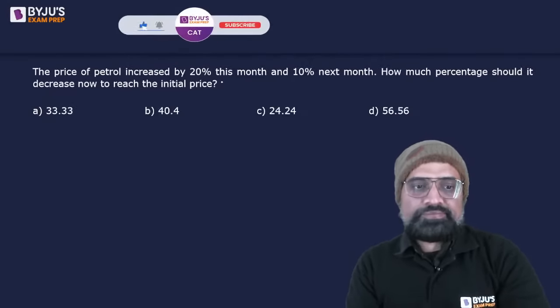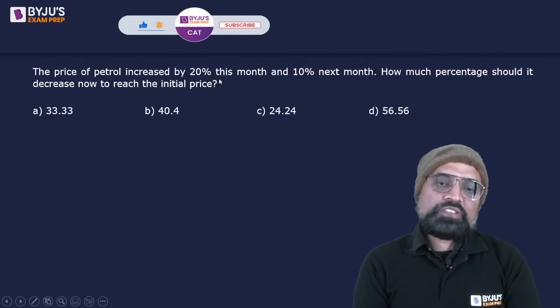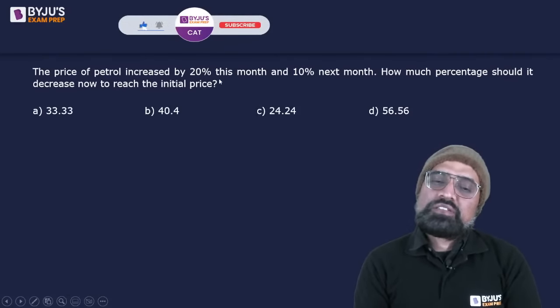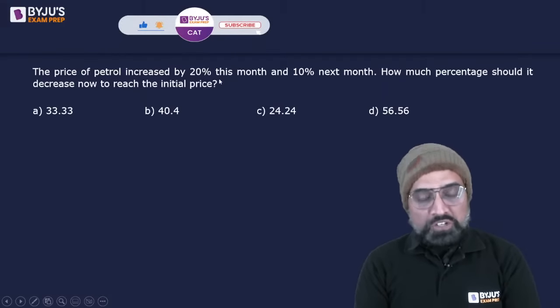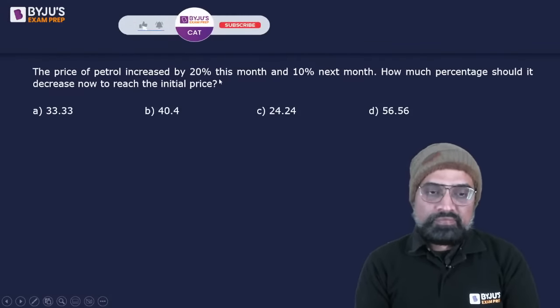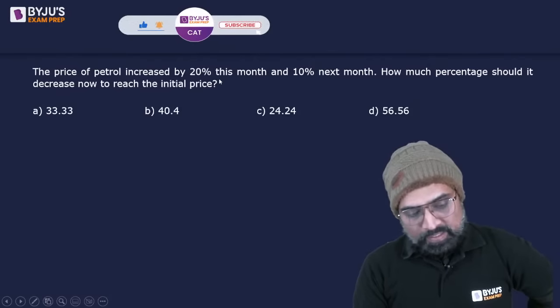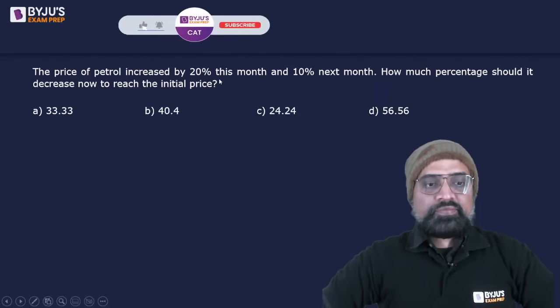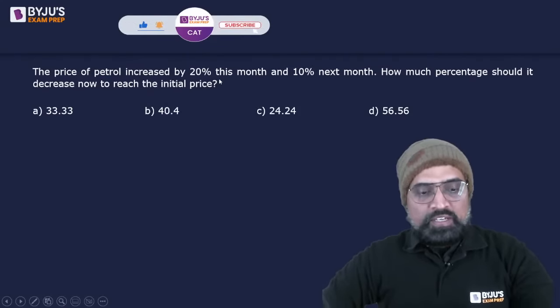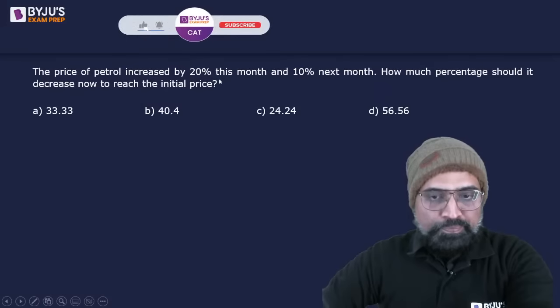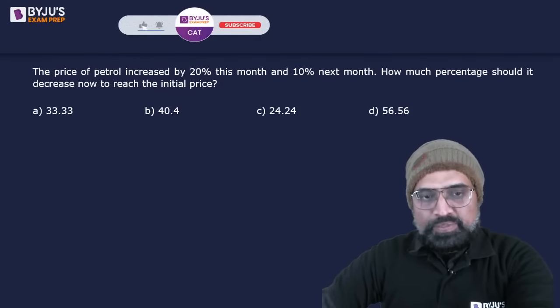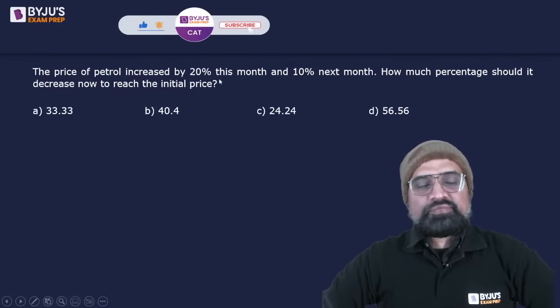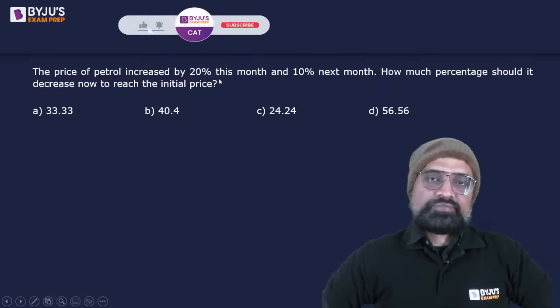Next question. The price of petrol increased by 20% this month and 10% next month. How much percentage should it decrease now to reach the initial price? Okay. Pretty simple, very simple. बहुत ही ज़्यादा simple है.